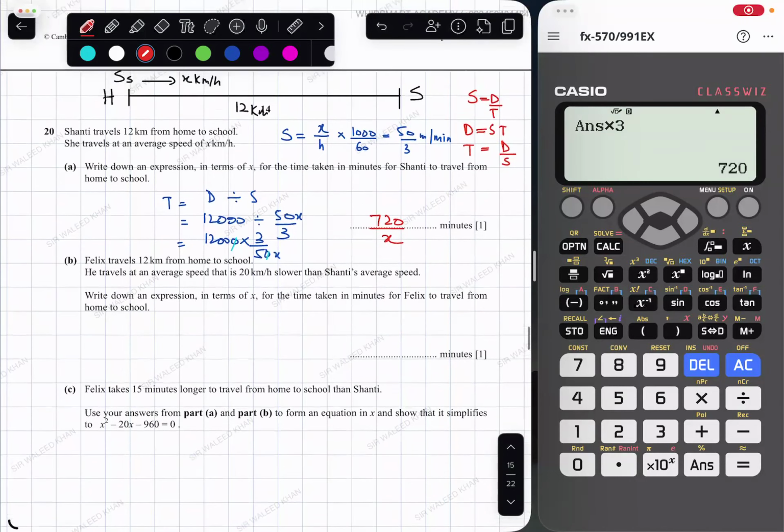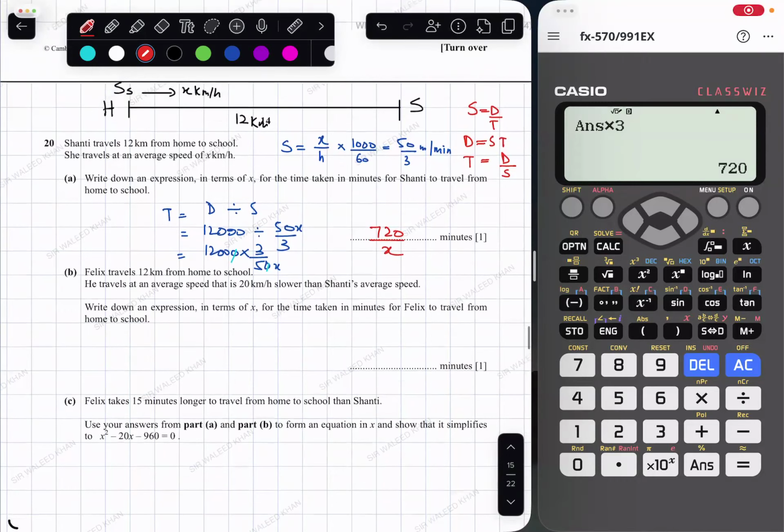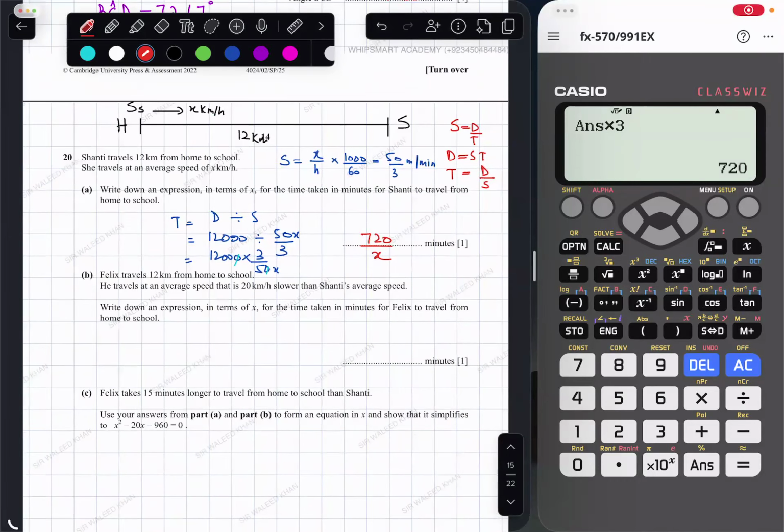Now, Felix traveled 12 kilometers from home to school. He travels at an average speed that is 20 kilometers per hour slower than Shanti's average speed.